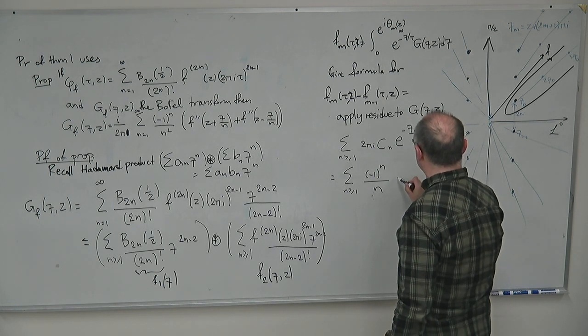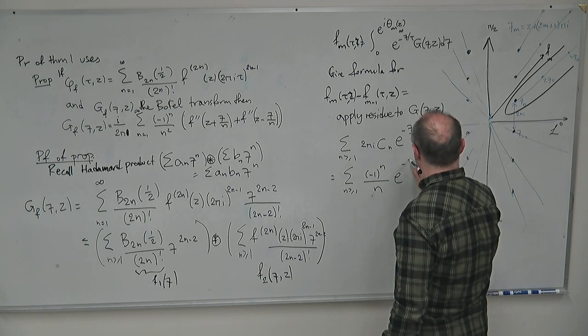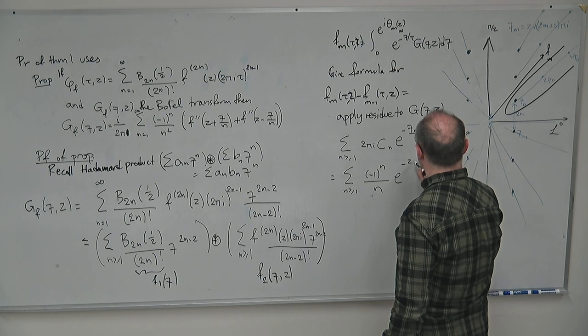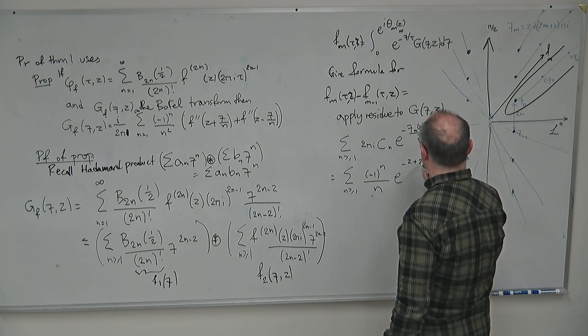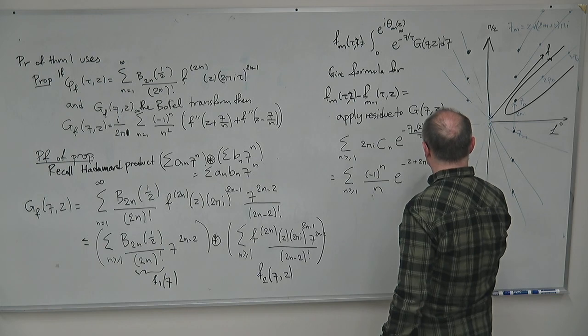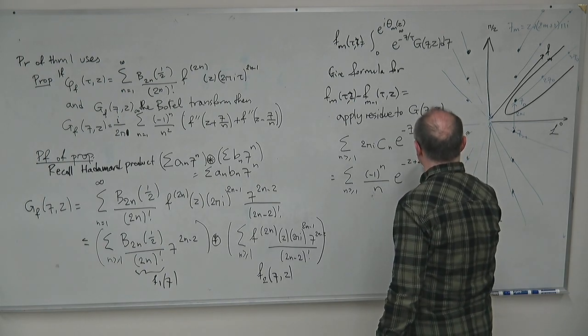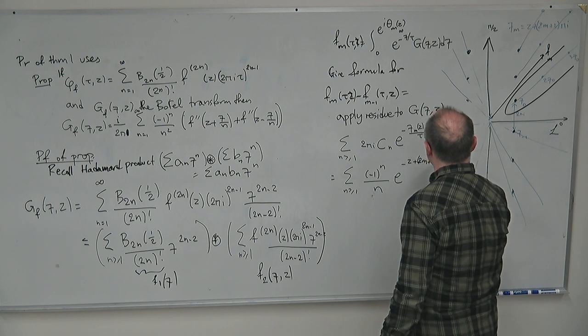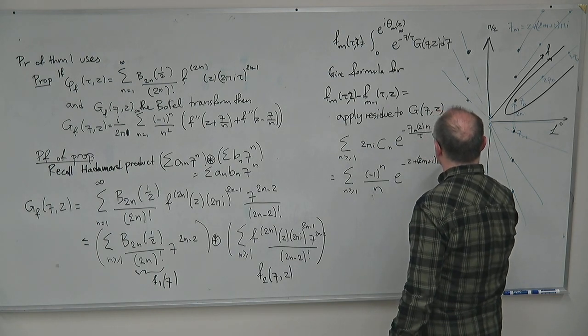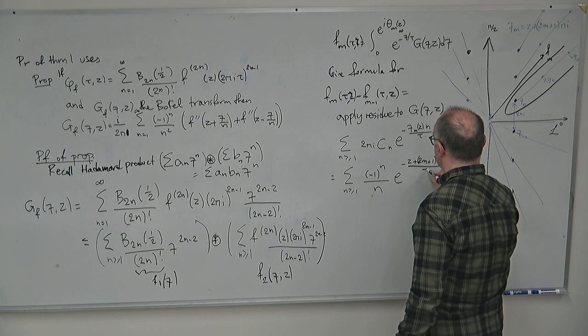My C_m also got removed. It's z plus 2 pi i m, 2m plus 1 pi i n tau.